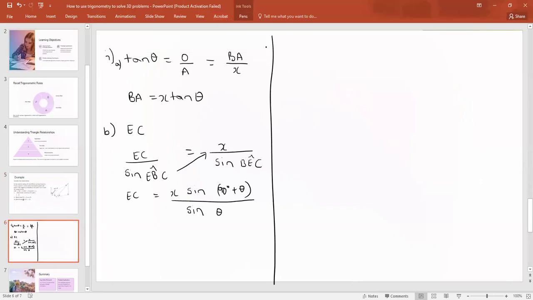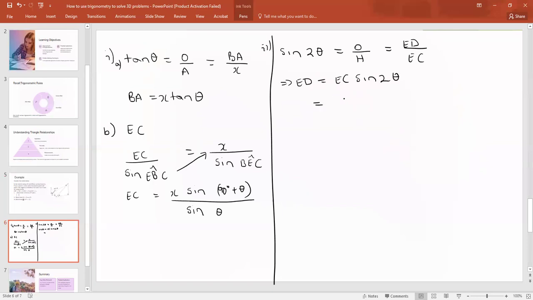This is the next proof. Sine of 2 theta, our trigonometric ratio, is given by what? Opposite over hypotenuse, which gives us ED divided by EC. And ED is what we are looking for. So this implies ED is equal to the side EC times sine 2 theta.